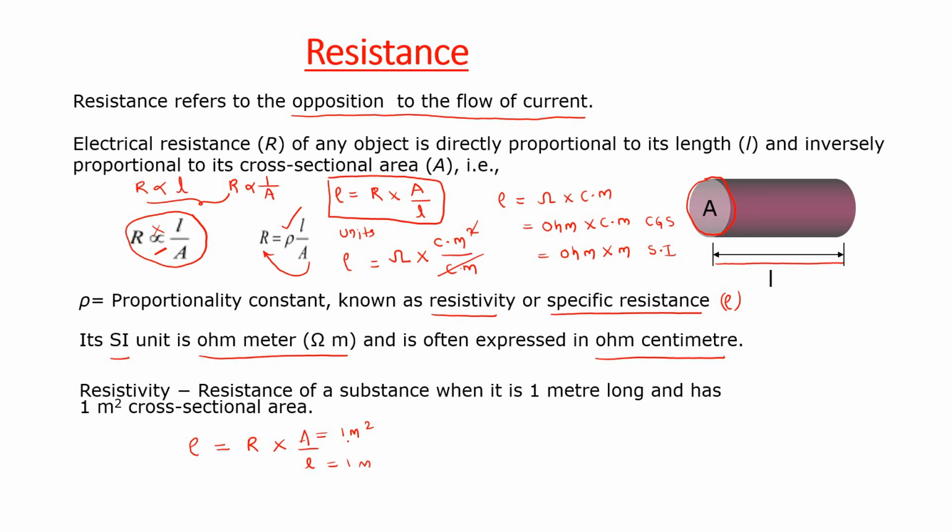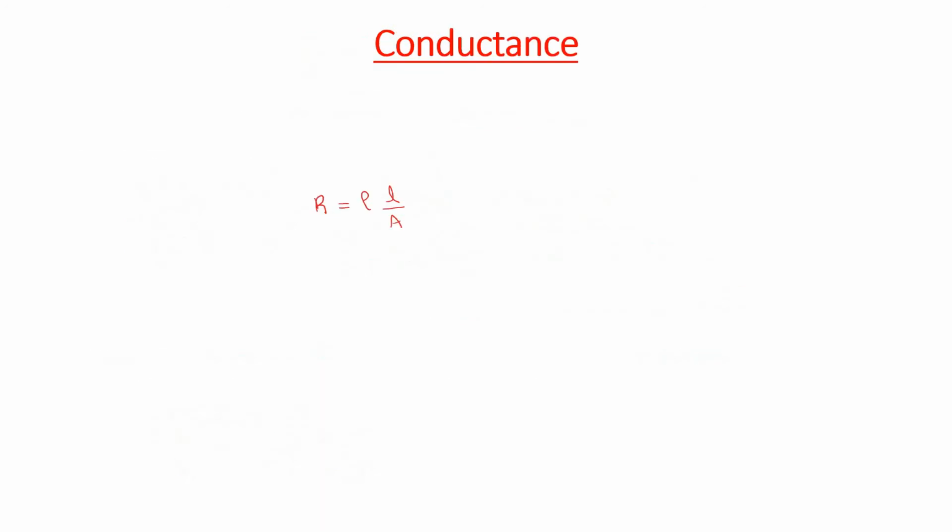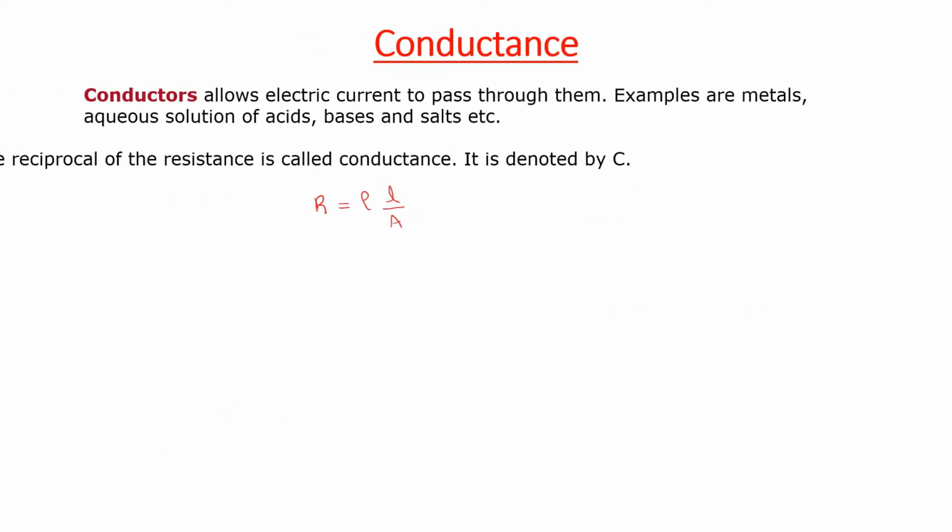If the area of cross section is 1 meter squared and the length is 1 meter, then specific resistance is equal to the resistance. The resistance of a substance in which area of cross section is 1 meter squared and length is 1 meter is called resistivity. If everything is 1, what we get is specific resistance.